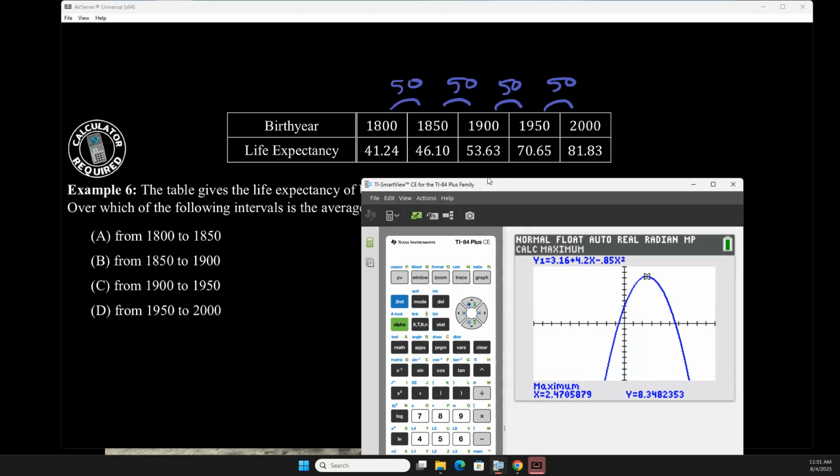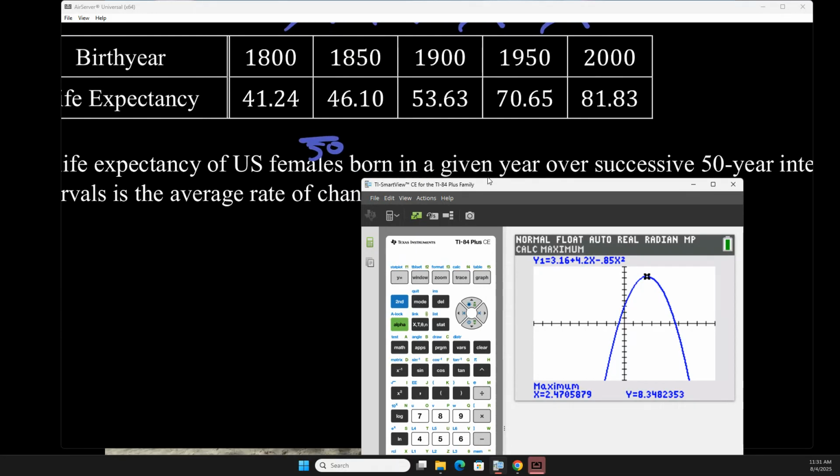The greatest rate of change would be whenever the life expectancy has the greatest change. If we actually wanted to find the rates of change, it's going to be the change in life expectancy on the top of the fraction, and the change in birth year on the bottom, which we know is all 50s.